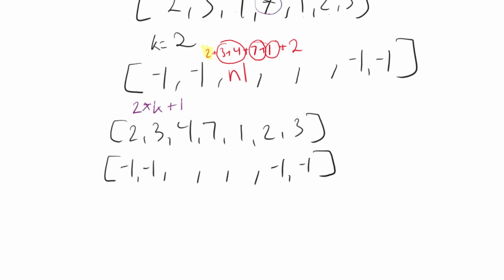Let's start at 4. Let's say our window sum has a sum of 5, and we've gotten to this 4.